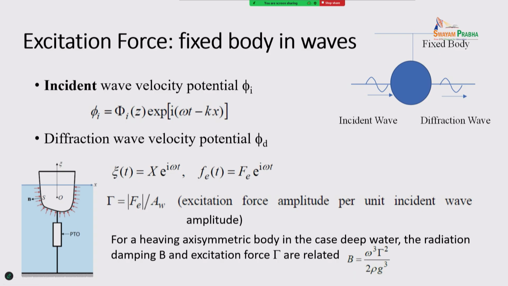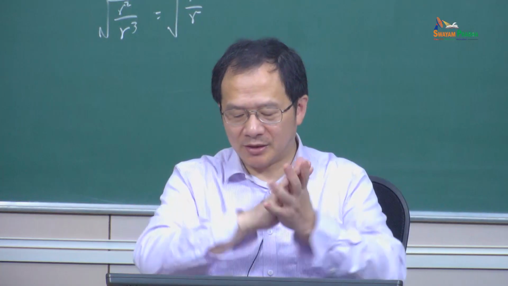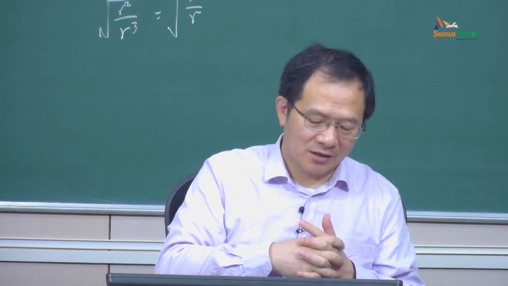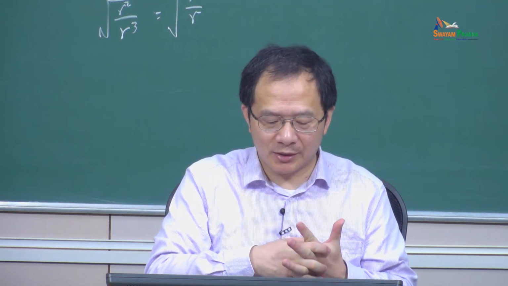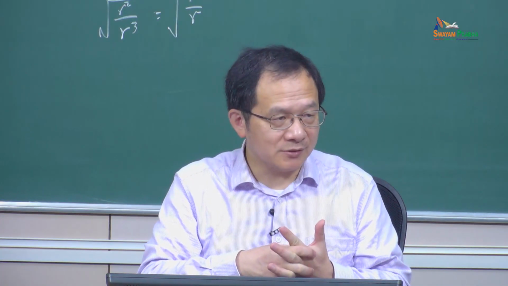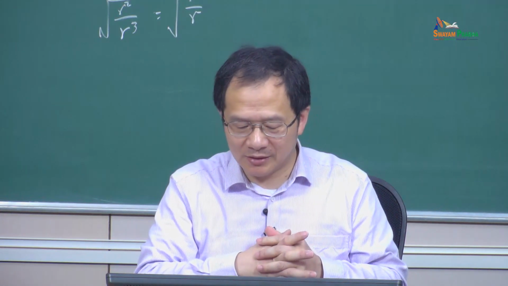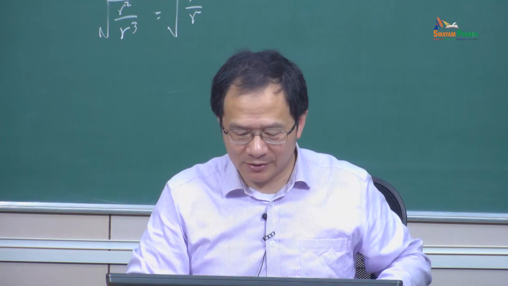Previously we already discussed the radiation damping term. If you have a buoy that is mostly symmetric in deep water, you can calculate gamma, the normalized excitation force. Again, the radiation damping and added mass are related. And here, the excitation force and radiation damping are also related.